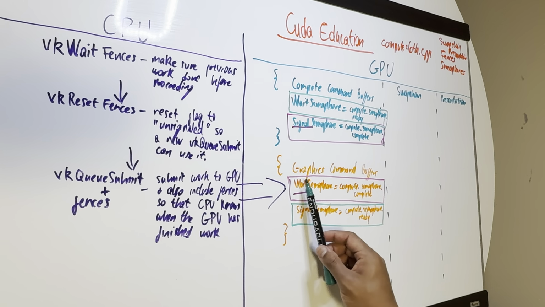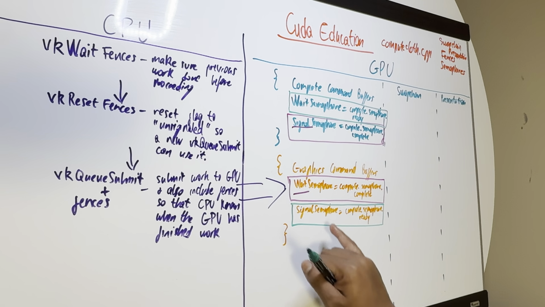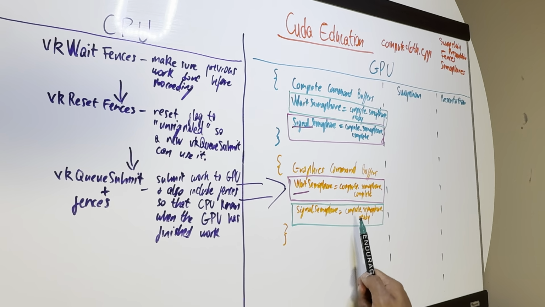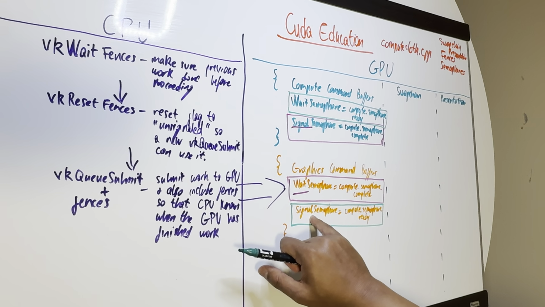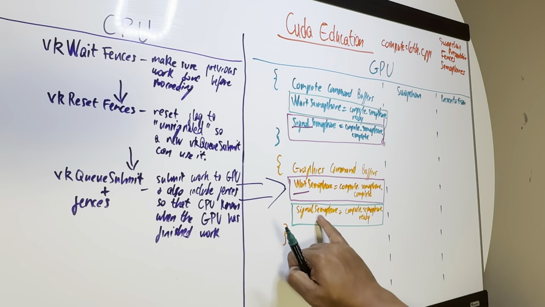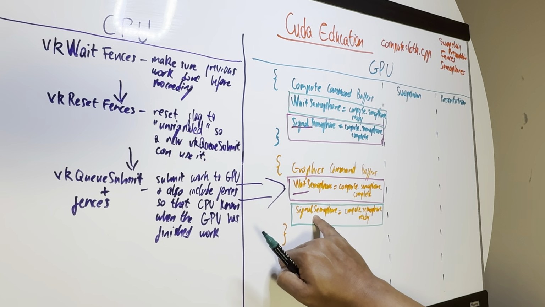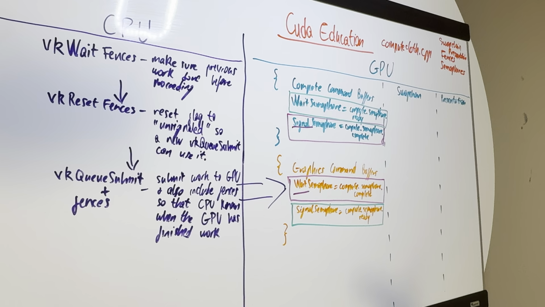Once graphics is finished, it signals that I've now finally completed my work. Compute.semaphore.ready is signaled, and because graphics has signaled that its work has been completed, compute can now proceed with its tasks.